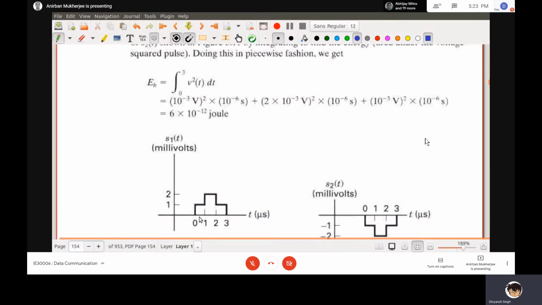Each segment is 1 microsecond, so 10 to the power -6 each. The first is 1 millivolt, 10 to the power -3 whole squared. Then 2 millivolt, 2 into 10 to the power -3 whole squared, and then again 10 to the power -3 whole squared. So the energy is 6 into 10 to the power -12 joule.